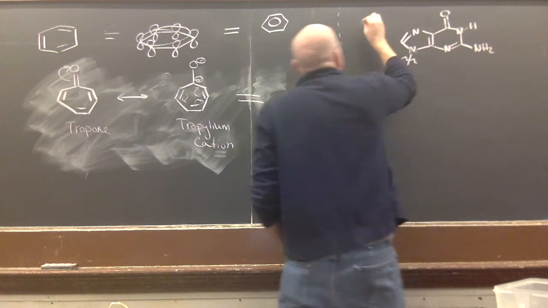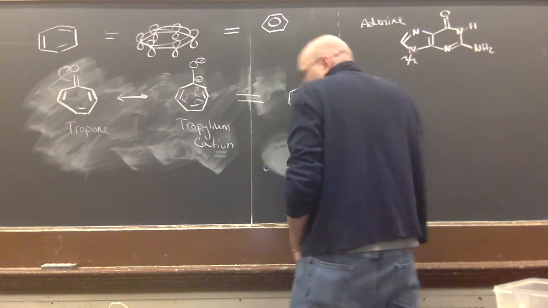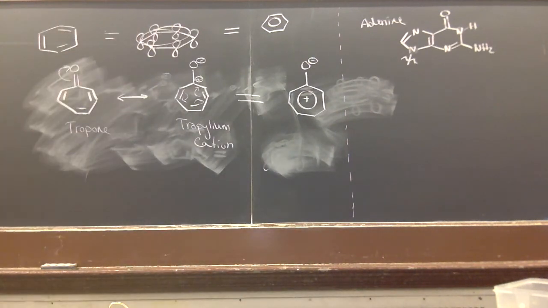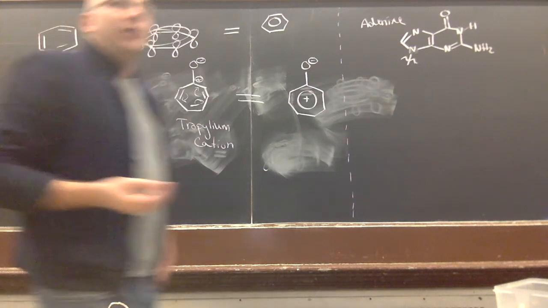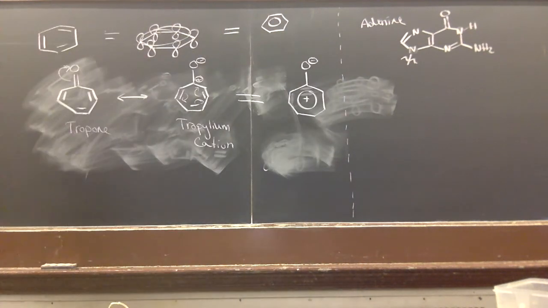So this molecule is adenine. It's just one example of the nucleic acids that you'll see. If you're curious about all of them, you can go and look them up. They all tend to be aromatic. On the surface, this molecule might not look aromatic, but it turns out that it is. So let's discuss why this might be aromatic.